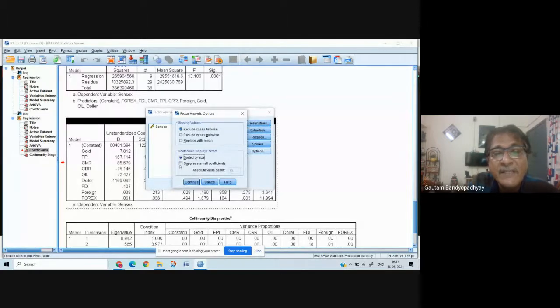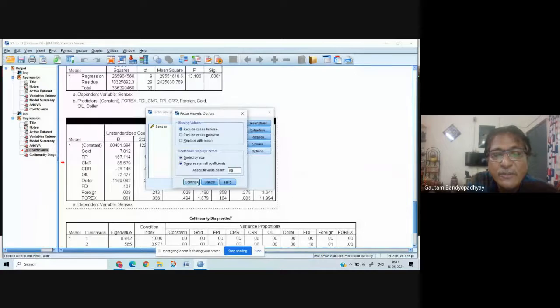And suppress small coefficients: the correlation value 0.10 is replaced by 0.50. Why? Because if we keep 0.10, it is very difficult to understand, so we replace 0.10 by 0.50 and it will be clearly understandable.